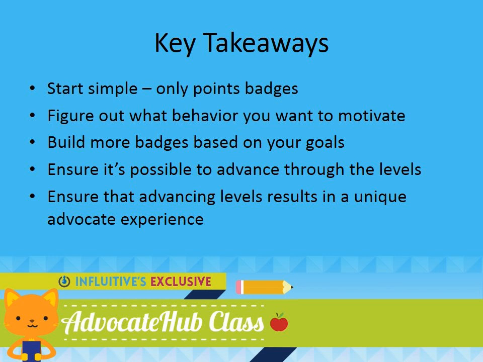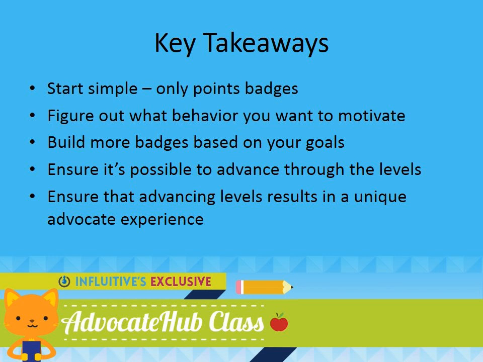If it takes 3 badges to get to the next level, while your advocates are interested in participating in the other activities available to them, they'll say they only want to do social, or they only want to do testimonials, or they only want to do beta testing. Don't let that limit them. These people are coming in, they're advocating for you, they're giving you their time and their effort and their energy.